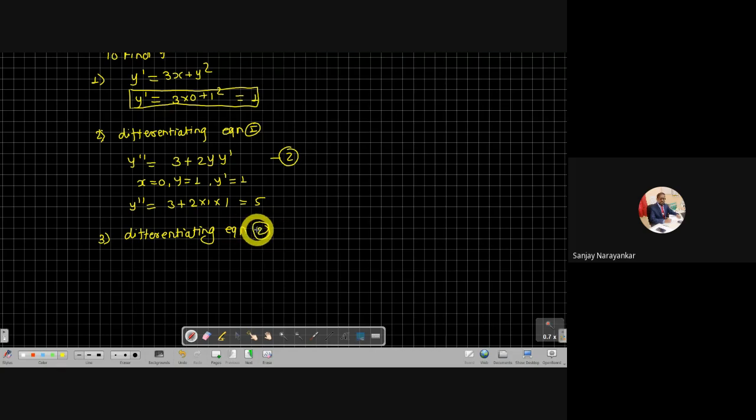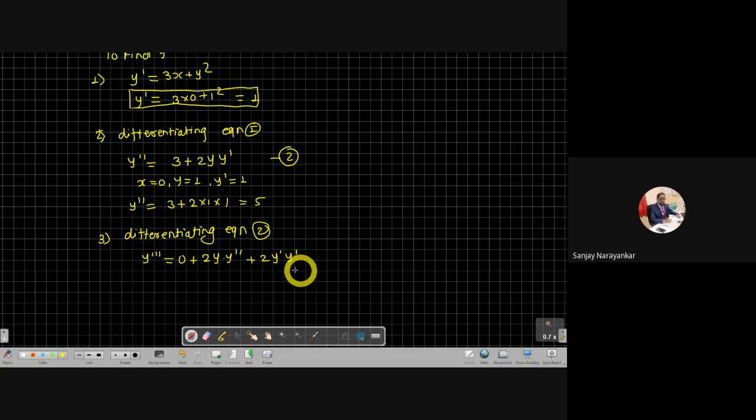Can you help me out, what's the value of y triple dash? The derivative of this 3 will be 0 plus, here it is a product, so 2y into y double dash plus 2y dash y dash.